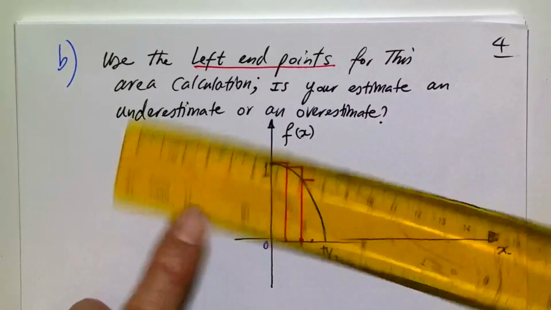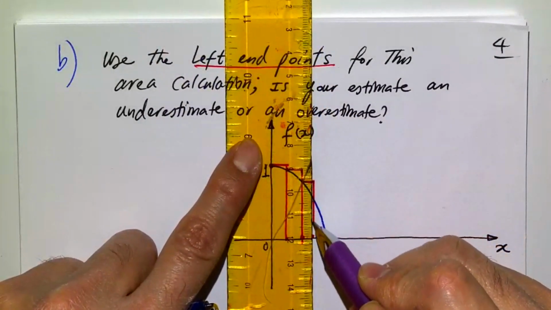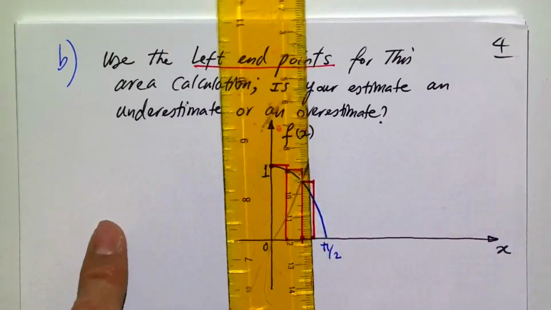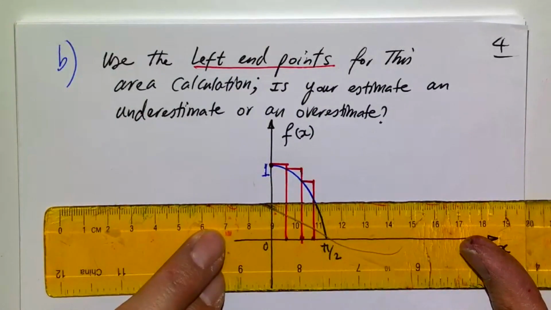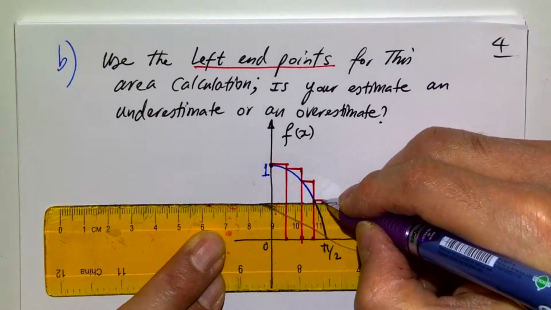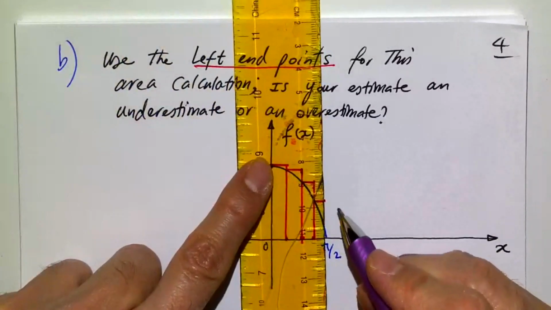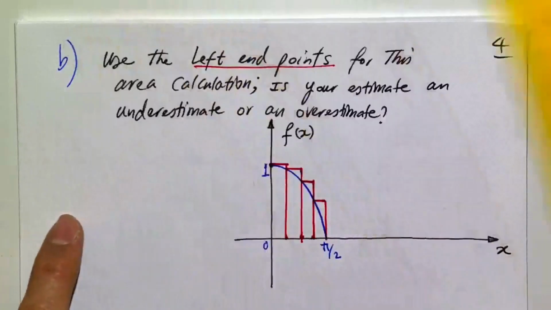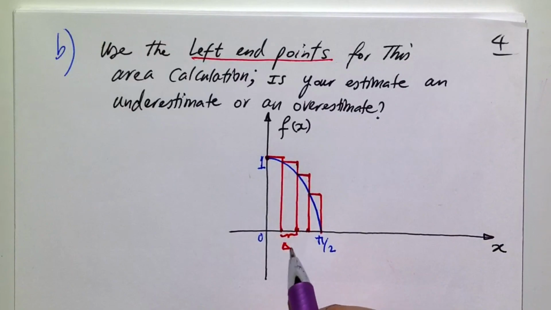And then I know these rectangles should have equal width, but it definitely doesn't. And then another one here, all the way over to pi over 2. So please assume that these widths are all delta x and equal to each other.